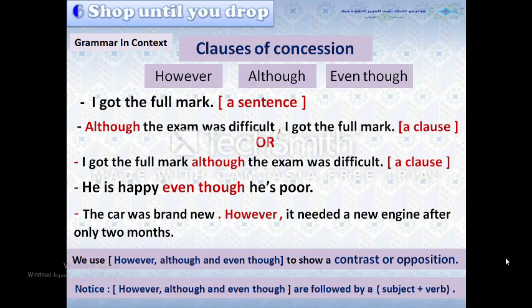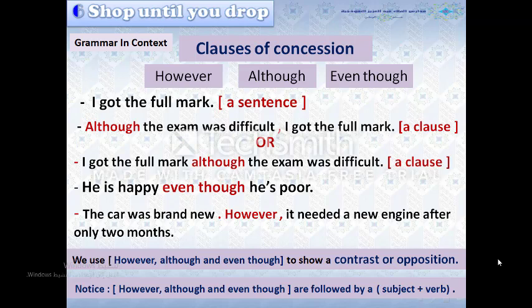This clause expresses contrast or opposition. Although the exam was difficult, I got the full mark. This is the opposite of this. When you say that the exam was difficult, people will think that you didn't do well, right, because the exam was difficult. But the opposite happened.